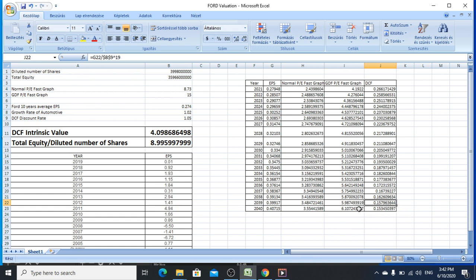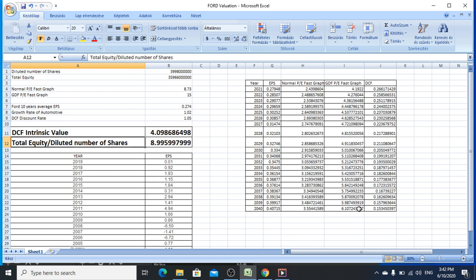And also the DCF, the discounted cash flow calculation, provided a number of around 4 US dollars, which is also lower than the current price.